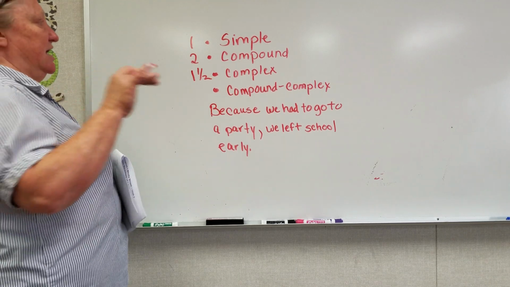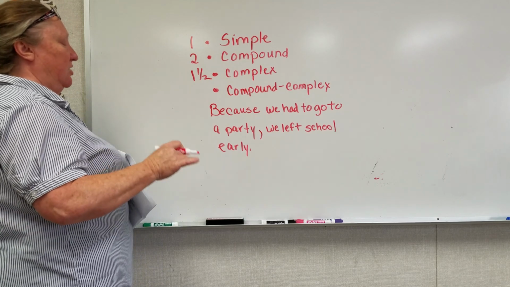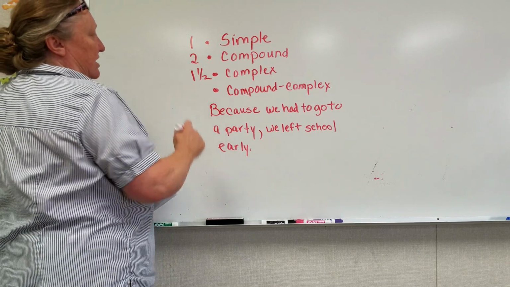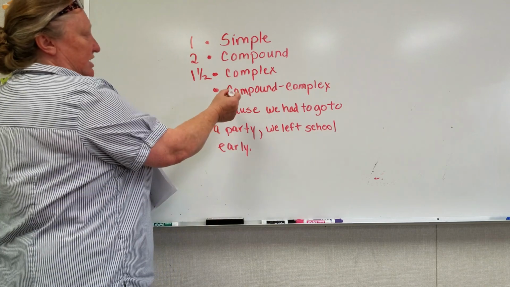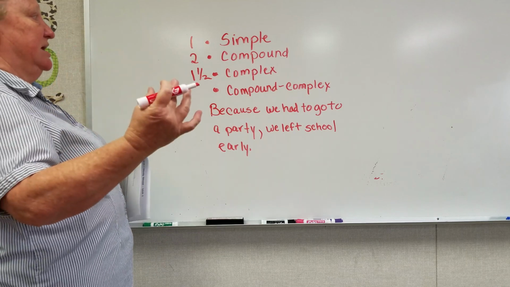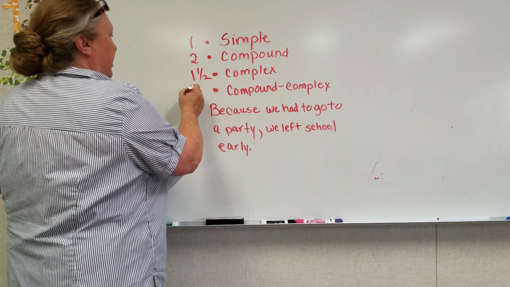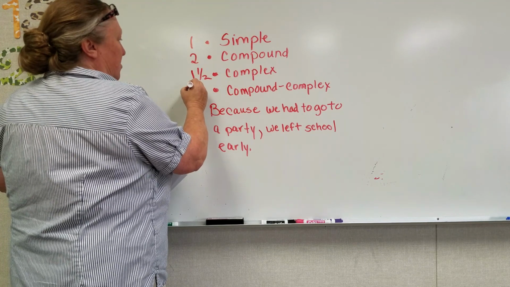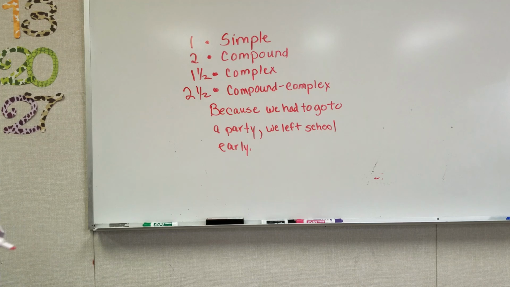The main clause has to carry the subordinate or dependent clause along behind it. So I consider it 1.5. And then you've got your compound-complex, which means you have two clauses that could stand alone in a sentence plus an extra subordinate clause. So it's kind of like a 2 with a half on it. That's just my little trick of how I remember it.